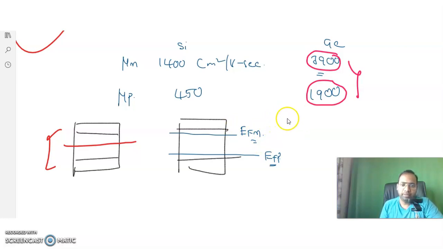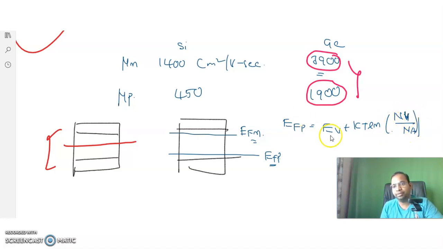The Fermi energy level of the p-type semiconductor, that is EFP, can be given as EV plus KT ln of NV by NA. So that is the expression.